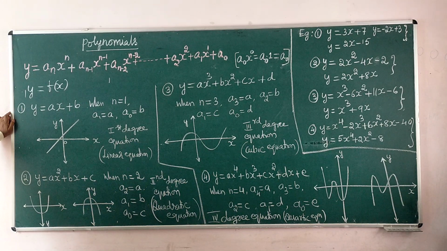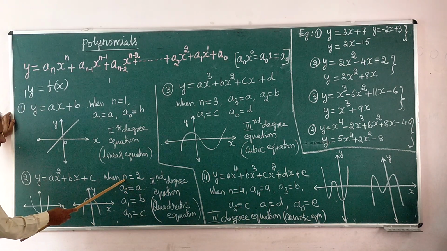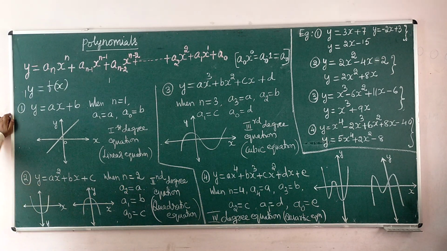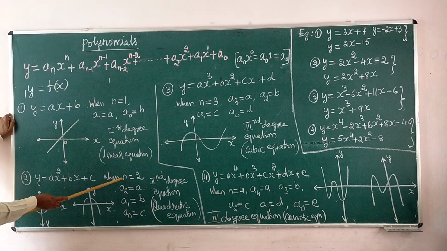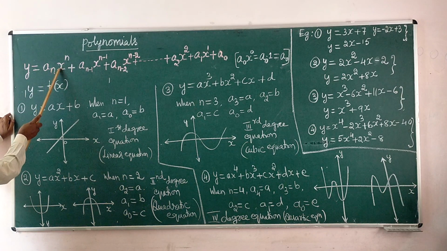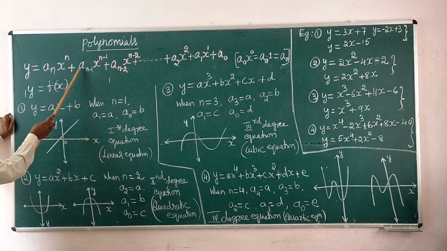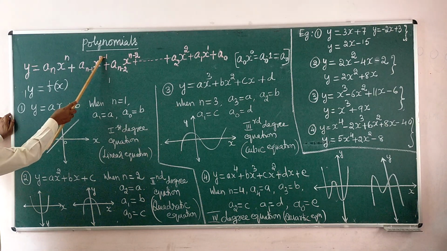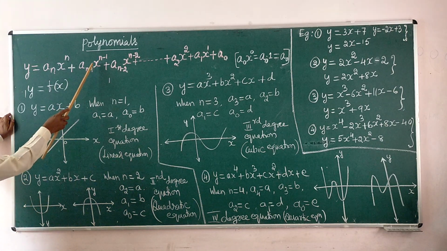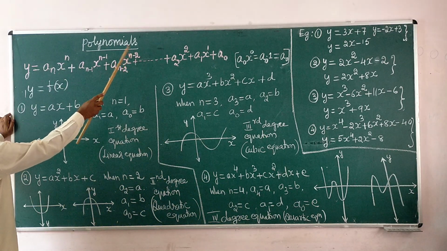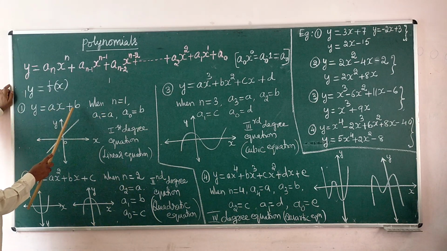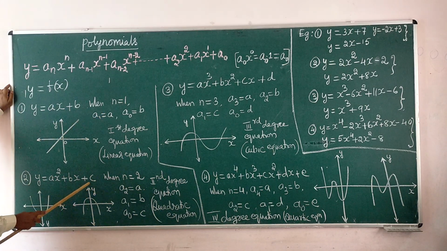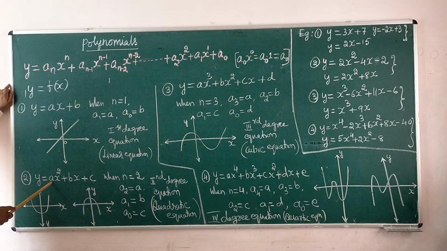Let us write the second possible value of n. When n equals 2, what is the polynomial we get? Put this into the equation: a2 x to the power of 2 plus a1 x to the power of 1 plus a0 x to the power of 0. We get 3 terms; when n equals 1, we get only 2 terms.